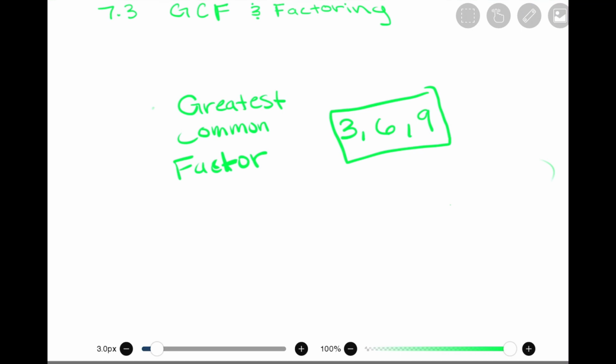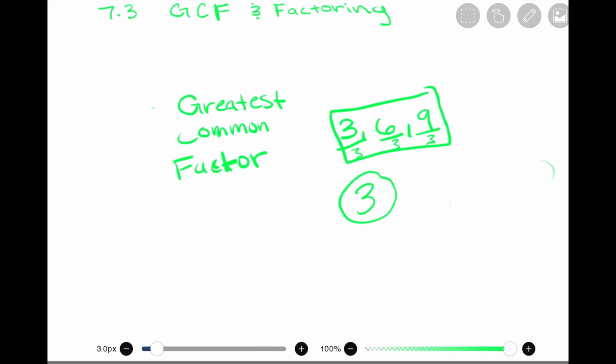That's also the largest. I know that's confusing, but in this case, we see that we can divide all of these numbers by 3. We can divide this number by 3, this number by 3, and this number by 3. That makes 3 the biggest number possible that we can divide all these numbers by.